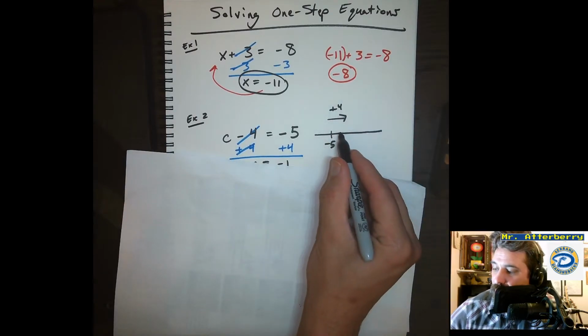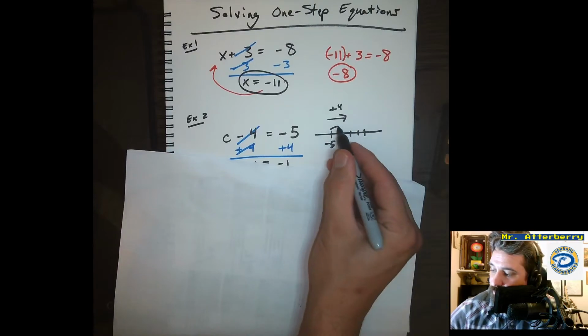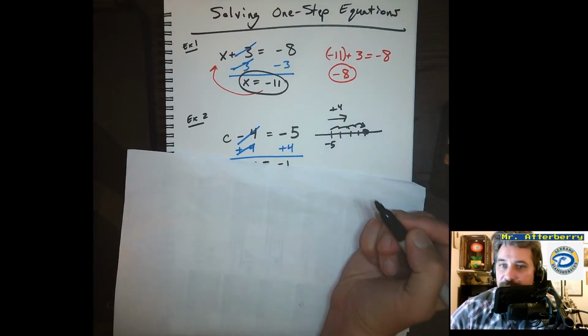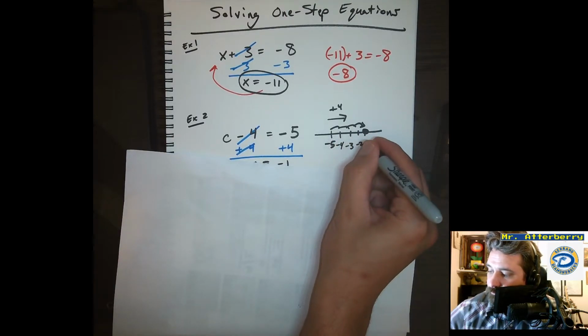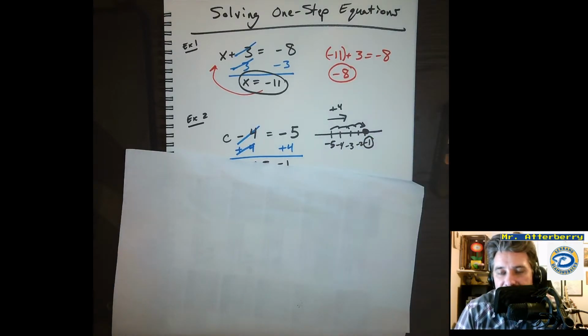So 1, 2, 3, 4. 1, 2, 3, and end up right there. If I was on a number line, that would be my answer, negative 1.